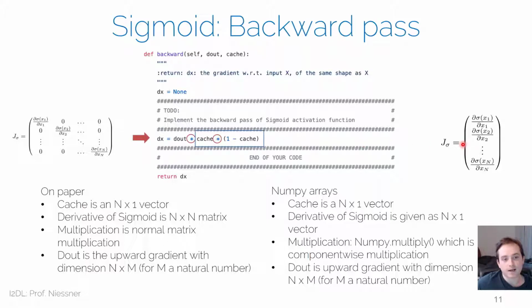So you can write it as a coordinate-wise multiplication of whatever you want with this vector, because this is a vector and the cache is a vector. And of course, these derivatives are just sigmoid times 1 minus sigmoid of every element, and this is happening here also, coordinate-wise.